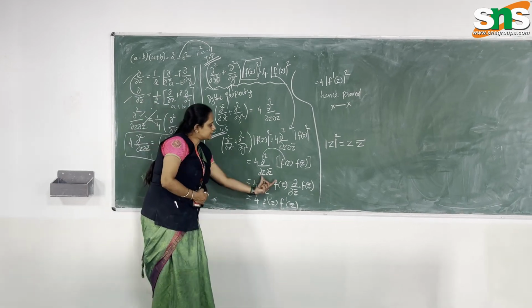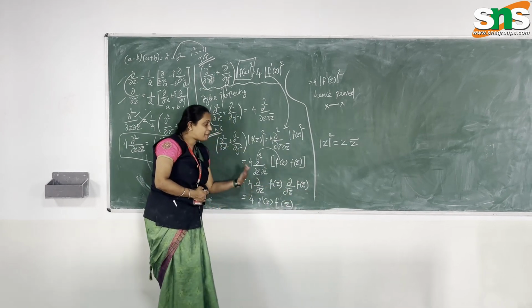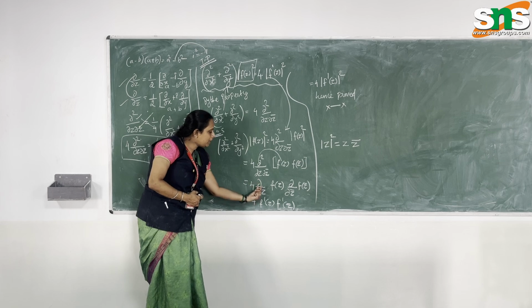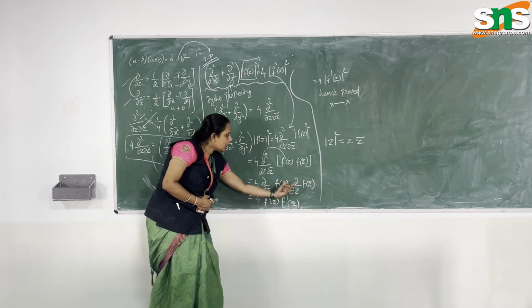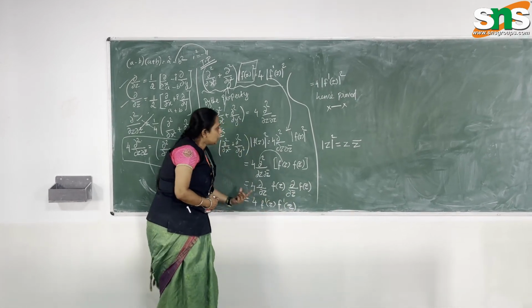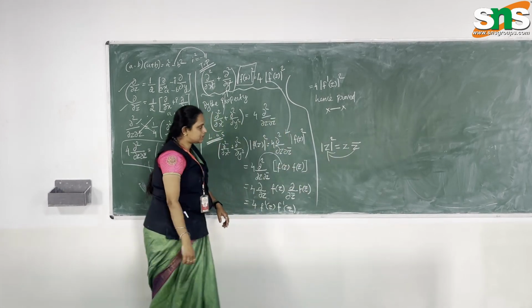So you know this is the function of f of z and this is the function of f of z̄. So ∂/∂z of f of z is the first derivative, that is f dash of z, and this is the f dash of z̄. You know z̄ we have to write in modulus z whole square.